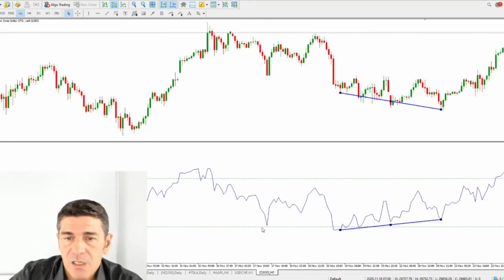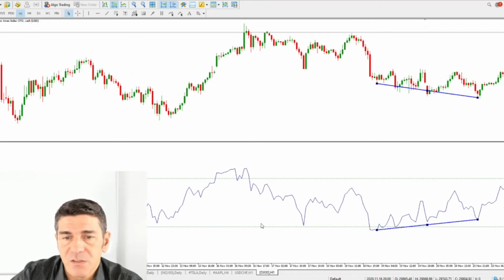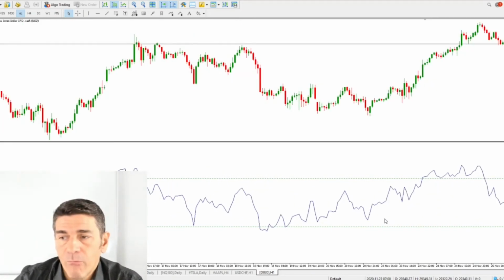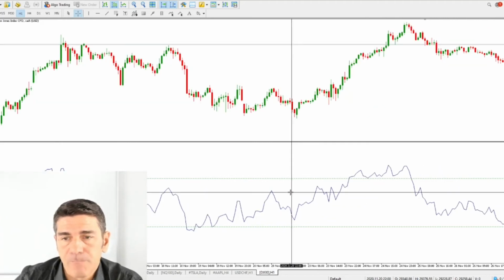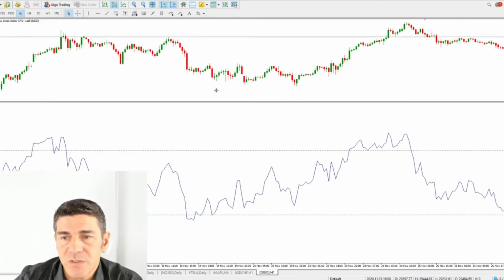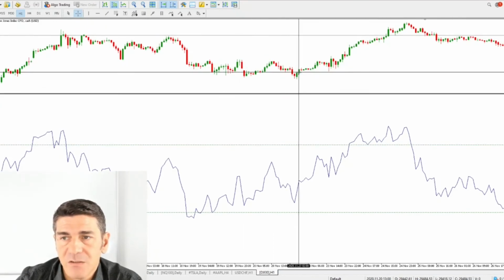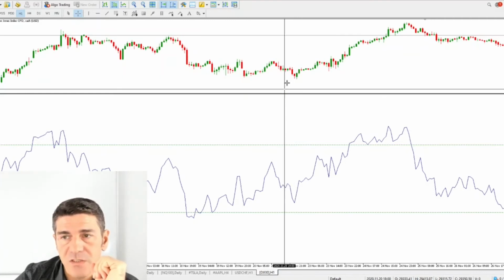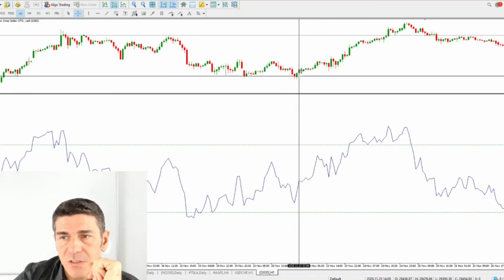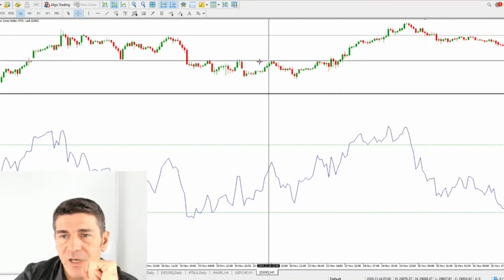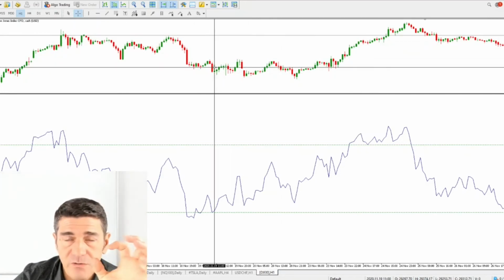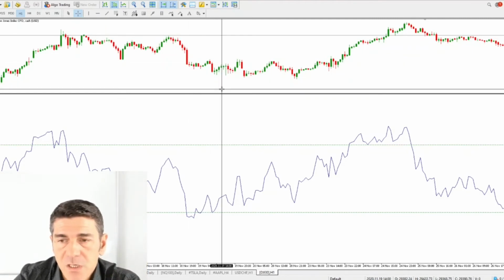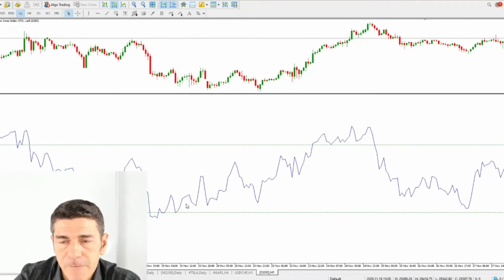Okay, and the next thing that is not so popular that I would like to discuss is that, generally speaking, RSI follows the market movements, but it is not like stochastic. If we take a look at stochastic, we are going to discover every single short time cycle of the price movements. In RSI it is not the same.